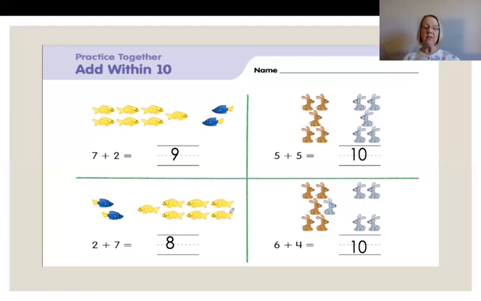So we have 7 yellow fish, and it's easier to put together 2 numbers if you start with the larger number and then add on the smaller number. All right, so we have 7 fish, and we're going to add 2 more, 7, 8, 9.